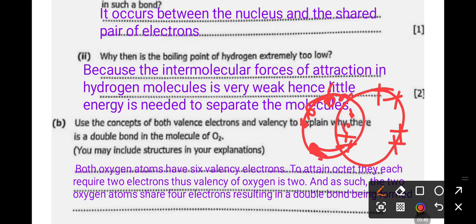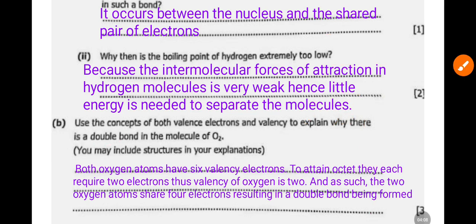In total there are 4 electrons that are shared, and we know that one bond consists of 2 electrons. So 2 electrons make one bond, therefore 4 electrons will make 2 bonds, and these 2 bonds are what we call the double bond. That's the reason why I presented my answer in this format.